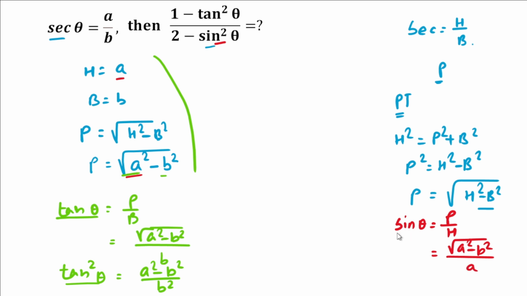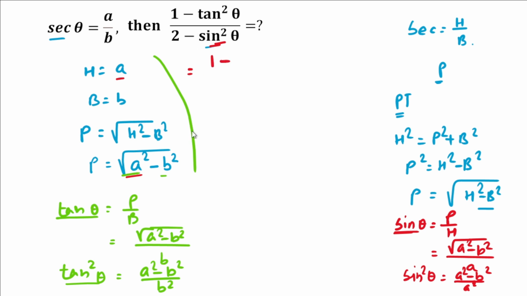It is the value of sin theta. Now we'll have to calculate sin square theta. So we'll square both the sides. So the square root value will be cancelled. So in the numerator we have a square minus b square, and in the denominator we have a square.